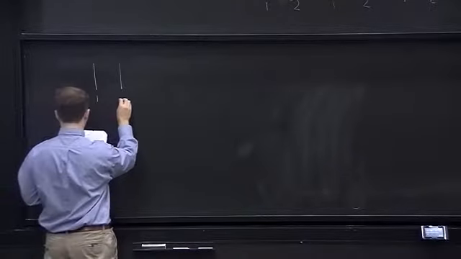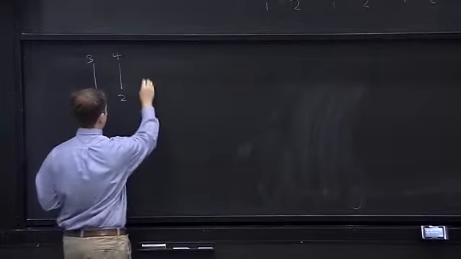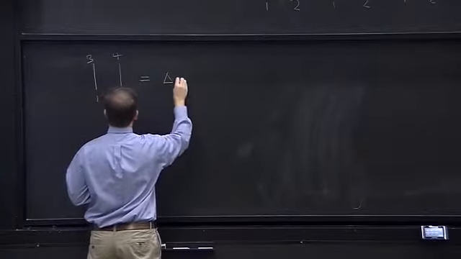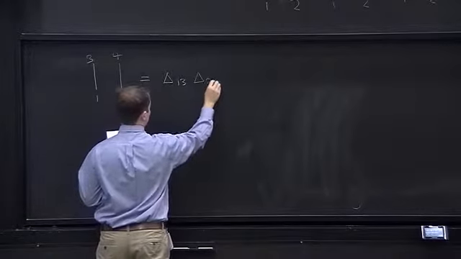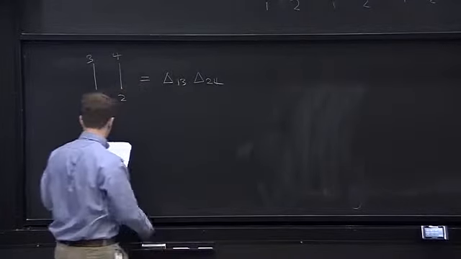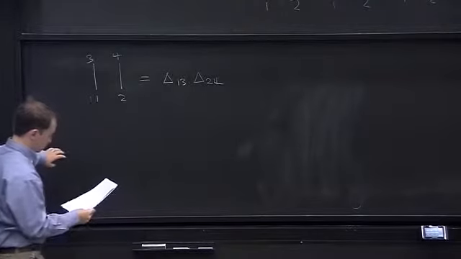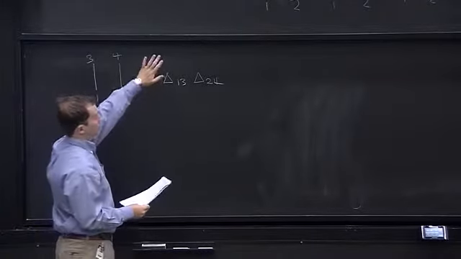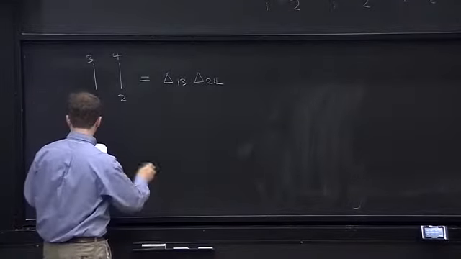So this first diagram is delta 1,3 delta 2,4. The expression is rather long, so let's just look at pieces of it at a time.